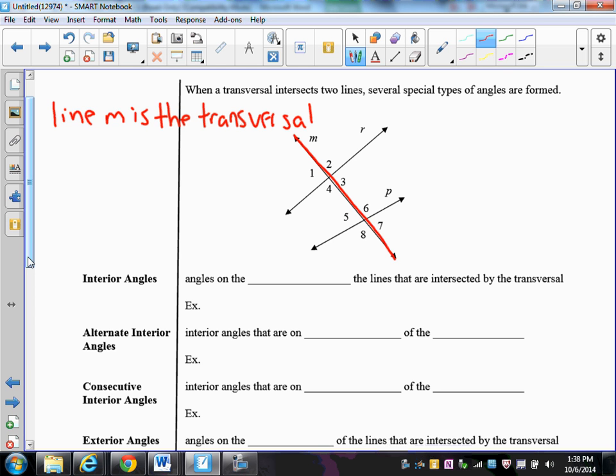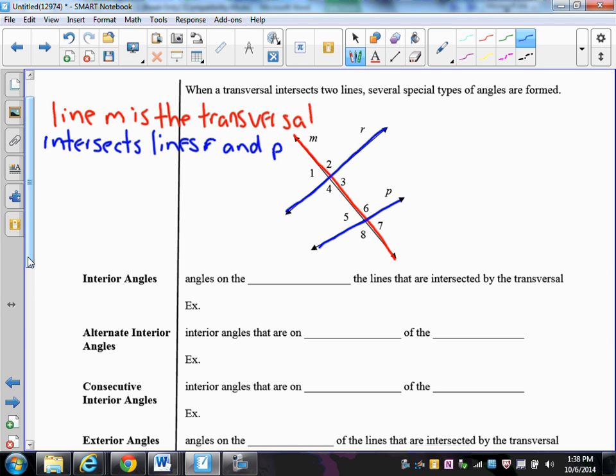So there's line M. It intersects line R and line P. So here's line R and line P. It intersects at two separate points.